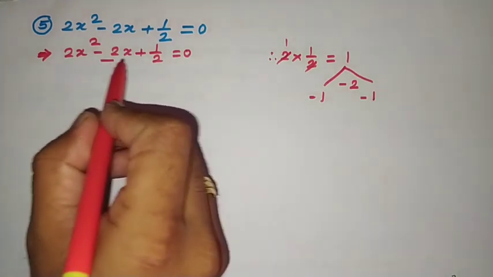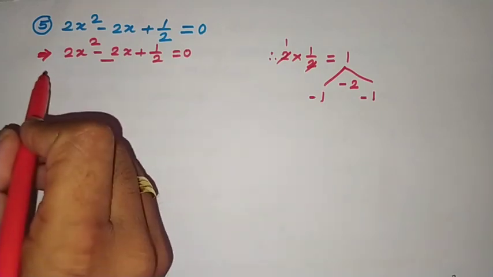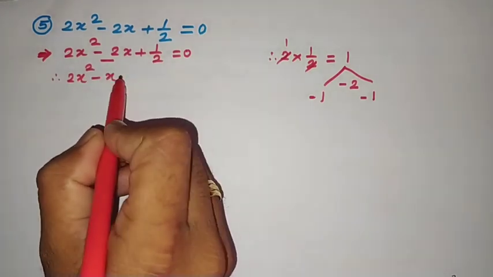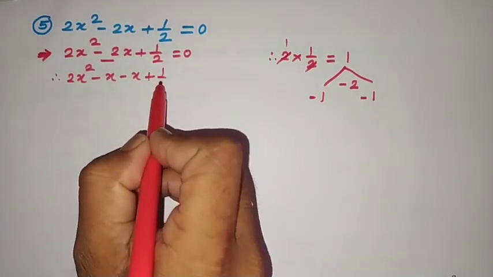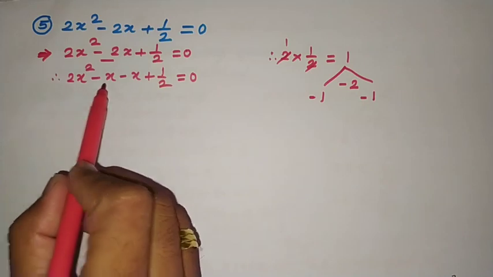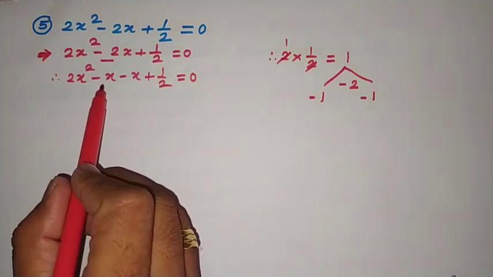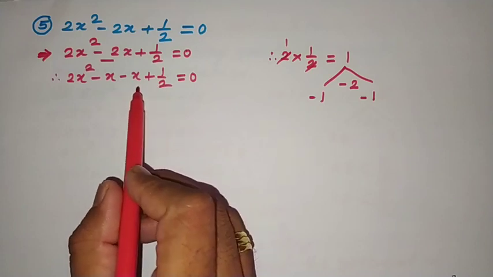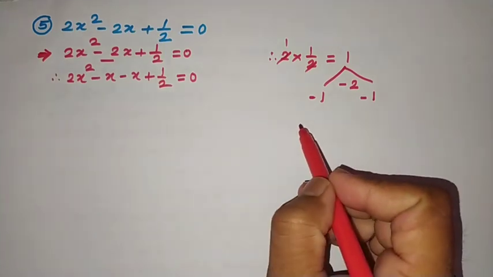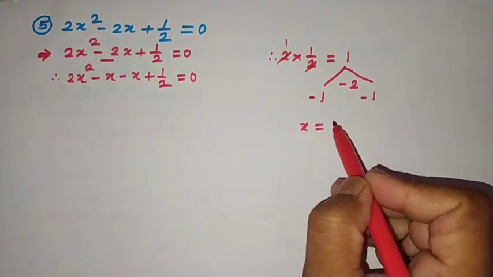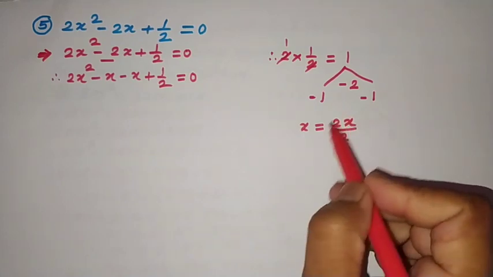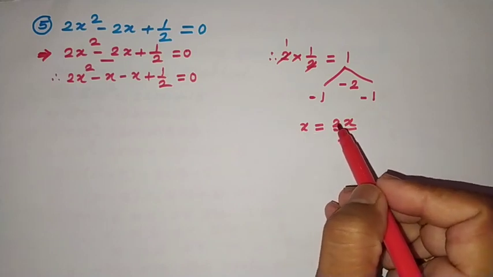Write down minus 2x as minus x minus x: 2x square minus x minus x plus 1 half is equal to 0. In the first two terms x is common, but the next two terms have no common factor. It means write x in this form: x is equal to x multiplied by 2 and divided by 2. Why write it like this?